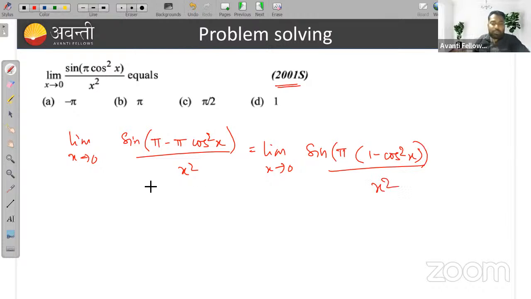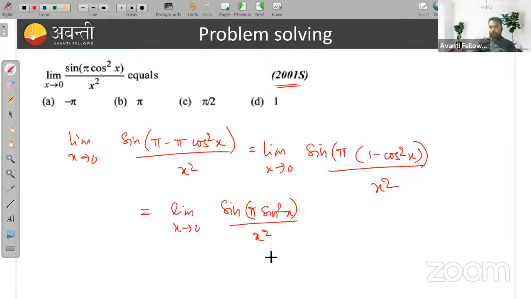Can I now write limit as x tends to 0 of sine of pi sine square x upon x square, since 1 minus cos square x is sine square x? Understood or not? Does everyone understand this? Okay, now think what we will do now. What can we actually do?